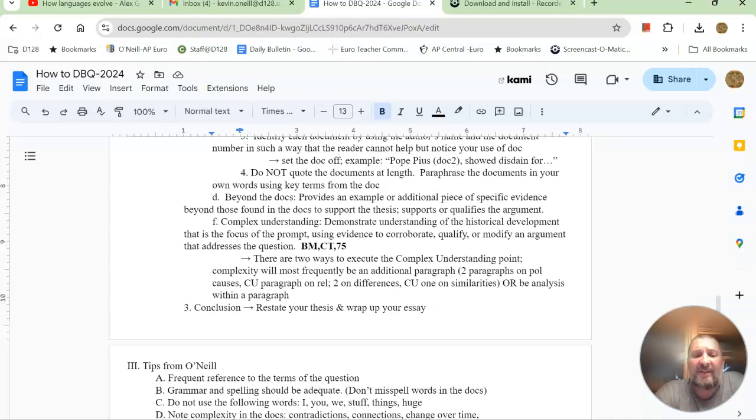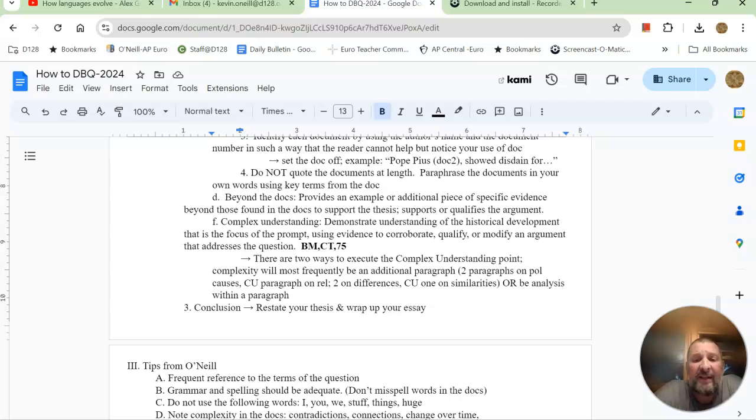Complex understanding is the next task in there. You understand the historical development prompt using evidence to corroborate, qualify, or modify. Again, this is our BMCT 75: both multiple connections, thematic, 7 docs, or 5 captones, sorry. There are 2 ways to do this.